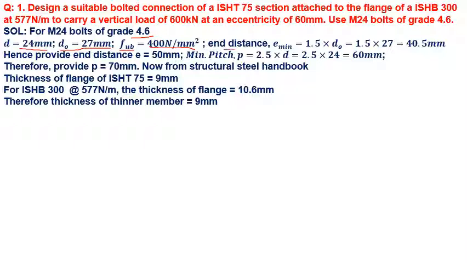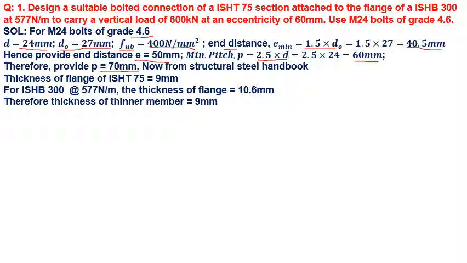As per code, the minimum end distance should be 1.5 into hole diameter, that is 40.5 millimeter. Hence we provide an end distance equal to 50 millimeter. And as per the code provision, minimum pitch equals 2.5 into nominal diameter, that comes out to be 60 mm. Here we provide pitch equal to 70 millimeter.